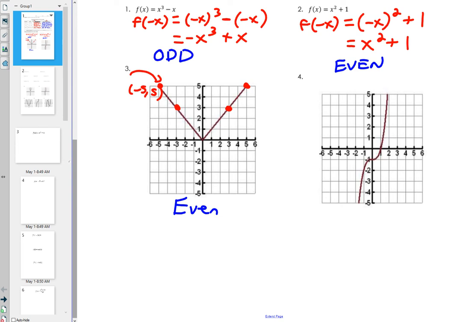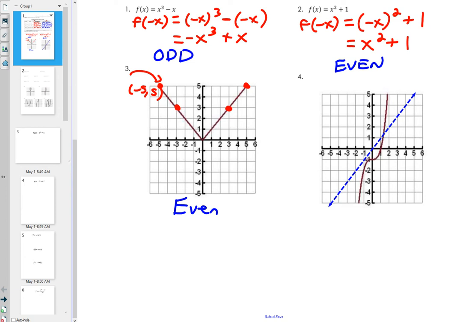Okay. Now look, number 4 here, that's a little bit less obvious. It does not appear to be even. I could rule that out because I don't even need to draw a line. I have the y-axis there, and the left side of the y-axis clearly does not look the same as the right side. Now I could draw that axis, so for instance I would start at 5, 5, and I would go down to negative 5, negative 5.